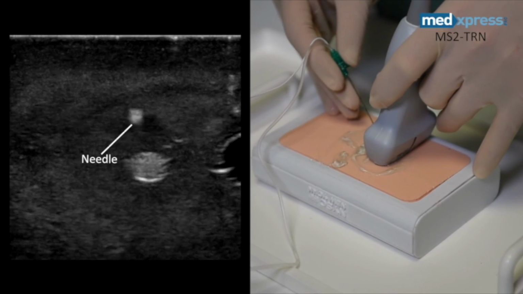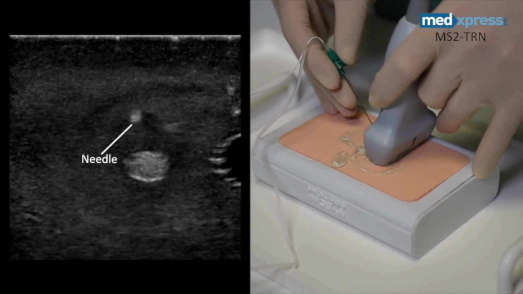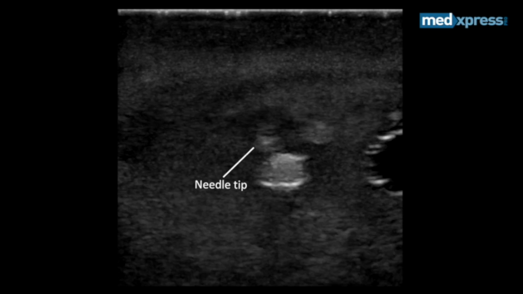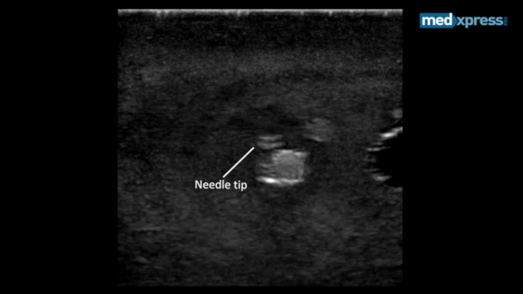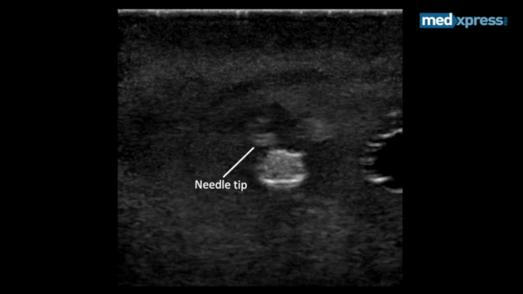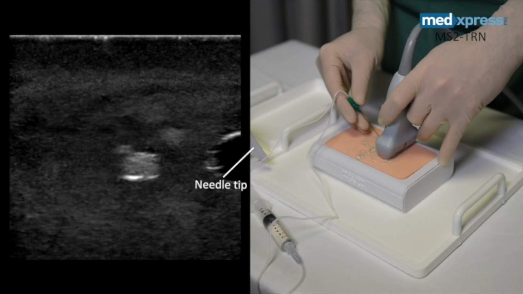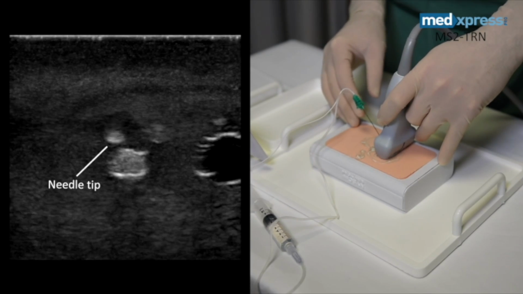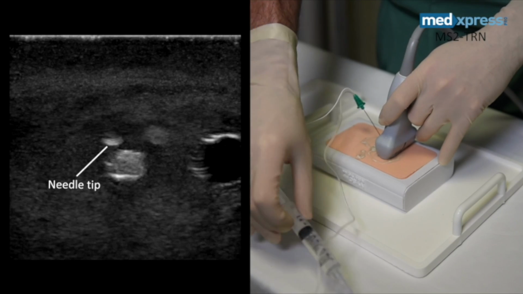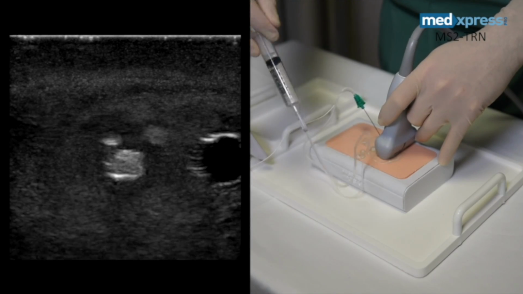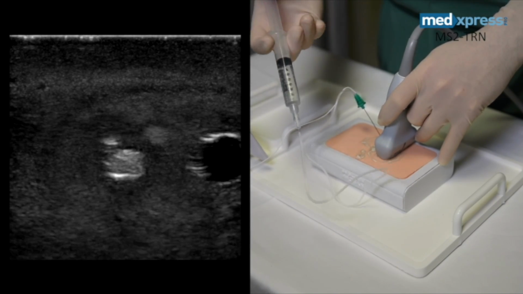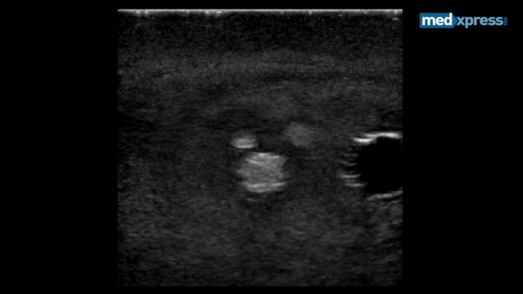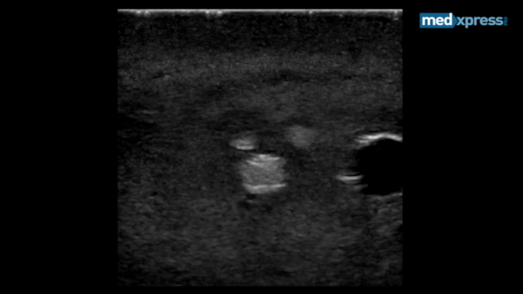In this situation, we can see the needle right there on the screen, and we can continue advancing the needle while sliding the transducer across the model until we get right next to the nerve where injection can take place. And again, practicing an injection on the Essential Trainer is a uniquely convenient means of learning how to inject the therapeutic or anesthetic agent around the nerve.